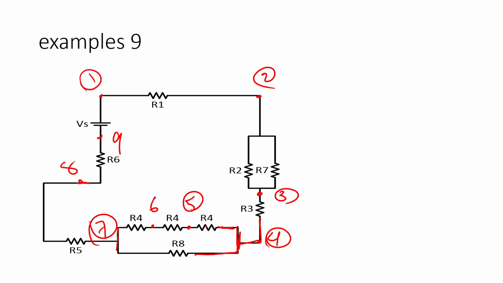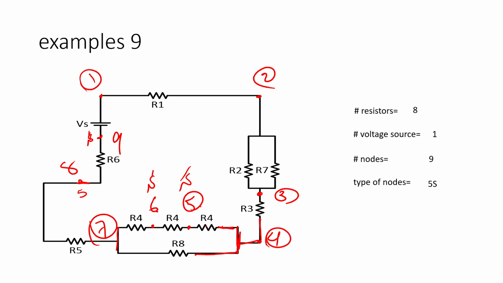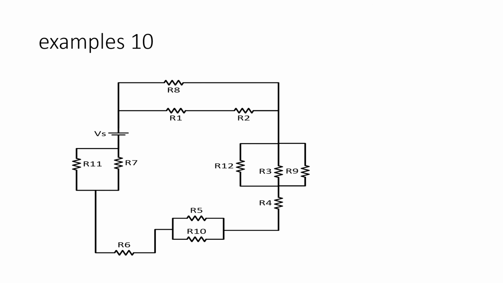So we have 9 nodes. 1 is single, 2 is single or S, 3 and 4. So we have 3, 4 and 5. We have 9 nodes, 5 S nodes and 4 P nodes.